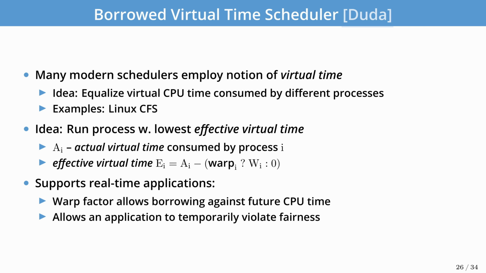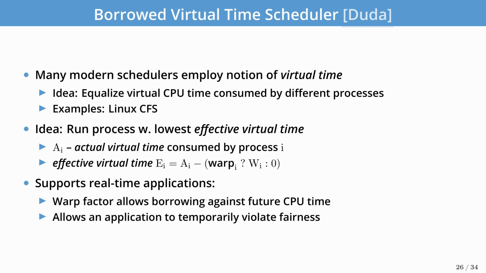In the case of BVT, it supports real-time applications through this warp mechanism. To do this, we'll actually use the effective virtual time for all virtual time scheduling decisions. Here we represent the variable E_i, which is just the actual virtual time A_i of a given process minus its warp.